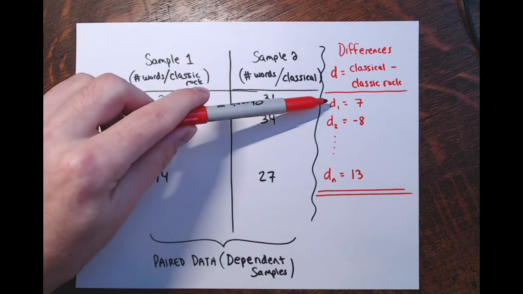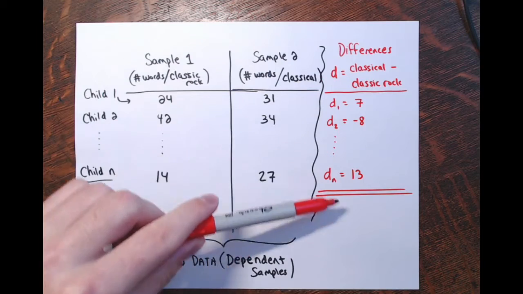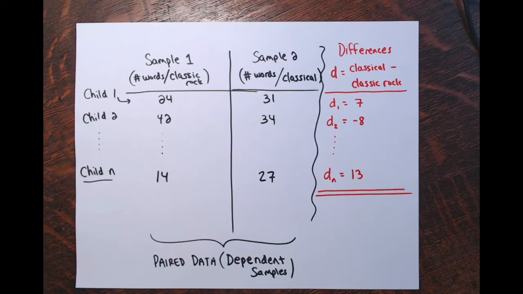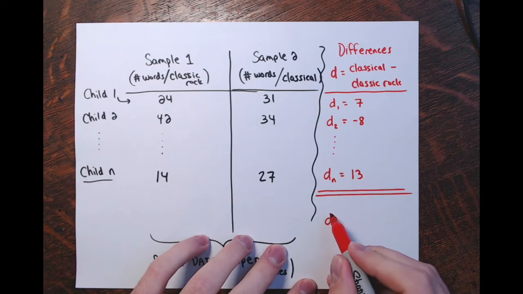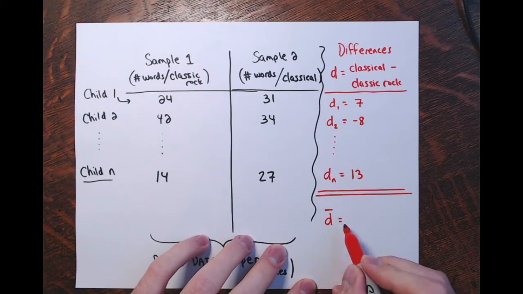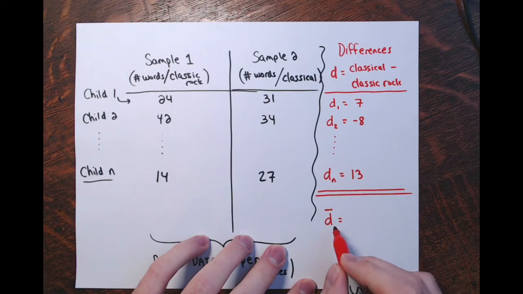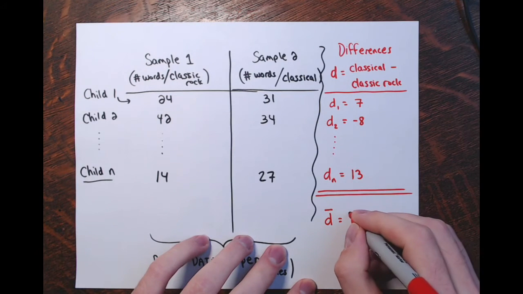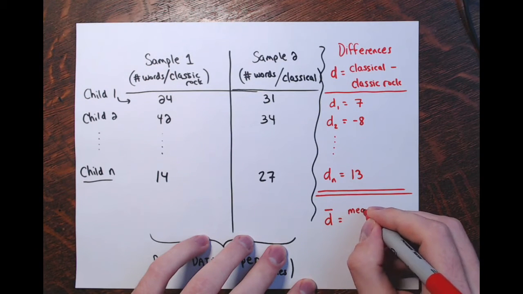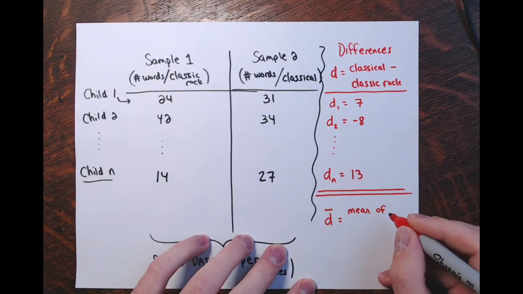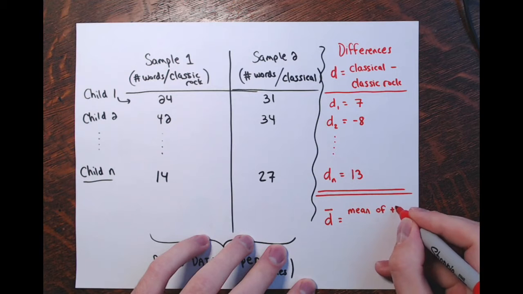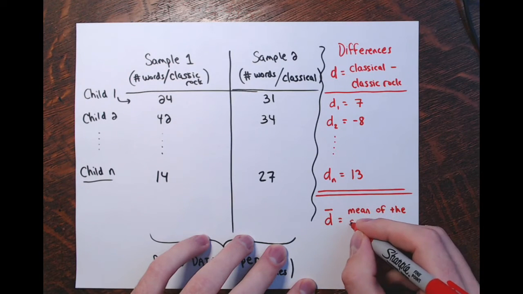And then this sample of differences, we're going to work a lot with those. You're going to end up having to find D bar. I've written this before, but D bar is the mean of the sample of differences, the mean of all these n differences here.